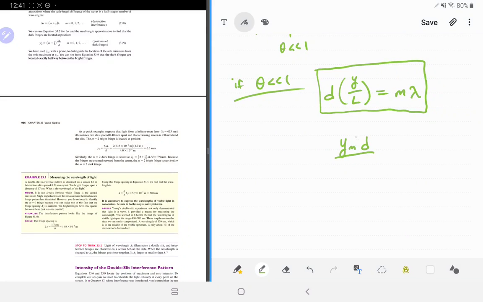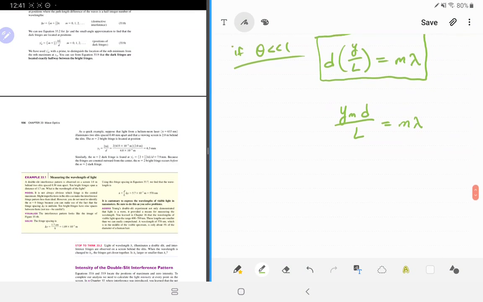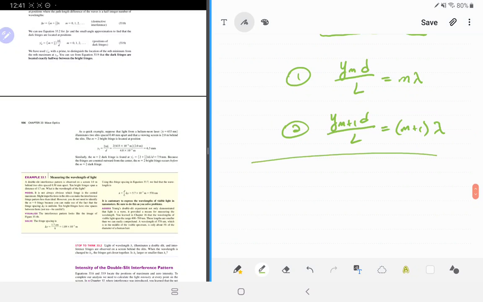I want to talk about a position of a bright spot: d y_m over L equals m lambda. And then I can also talk about the next one, the position of the next bright spot, so m plus 1. I'm just going up to the next bright spot. This equals m plus 1 times lambda. So if I call this equation 2 and equation 1, I can do equation 2 minus equation 1.